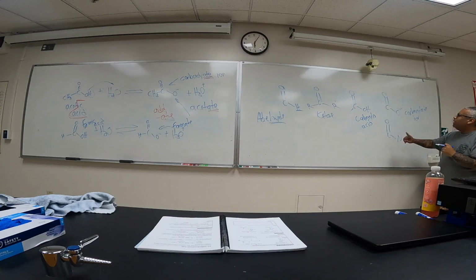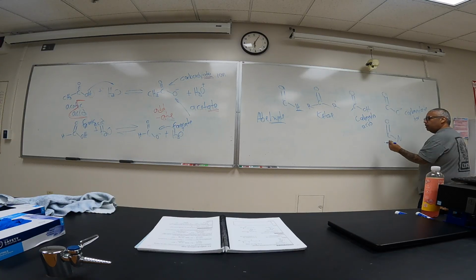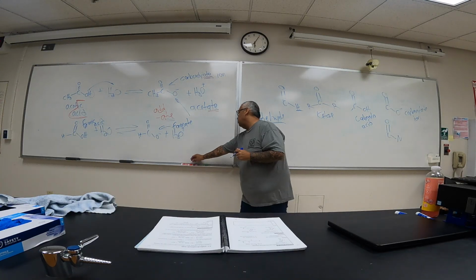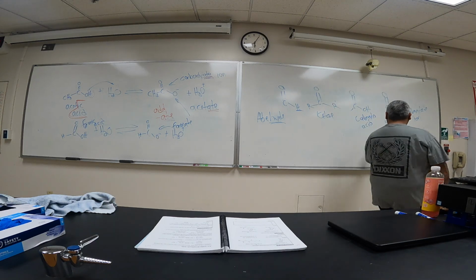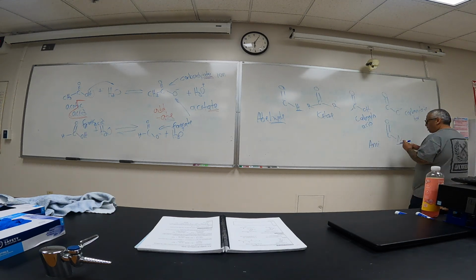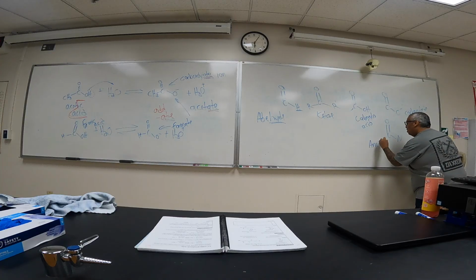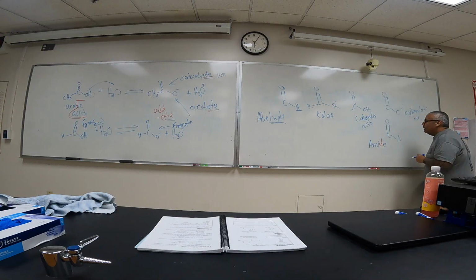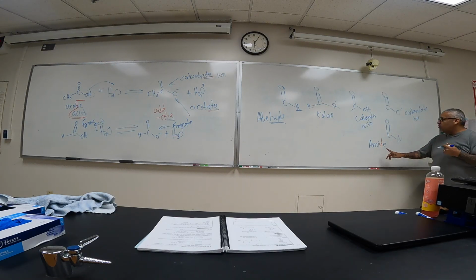Actually, let me introduce the idea now, and I'm going to write it a special way here. This is what we call an amide. I put that in red specifically because this is just how I memorize. You can memorize it different ways, but how I memorize what an amide looks like is that I think of ammonia, and ammonia has nitrogen.